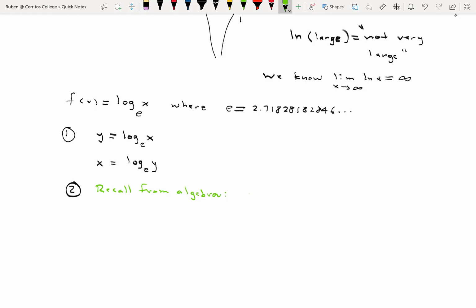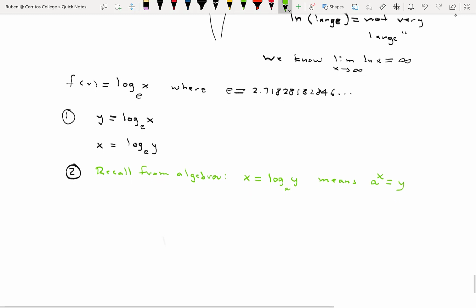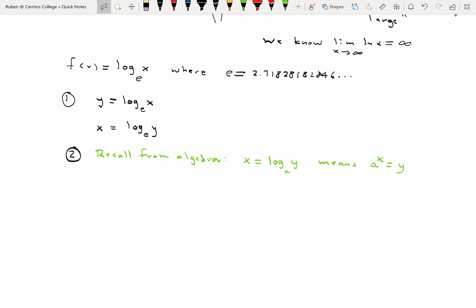If x equals the logarithm base a of y, that means that a to the x equals y. That's how we define the logarithm in algebra classes.